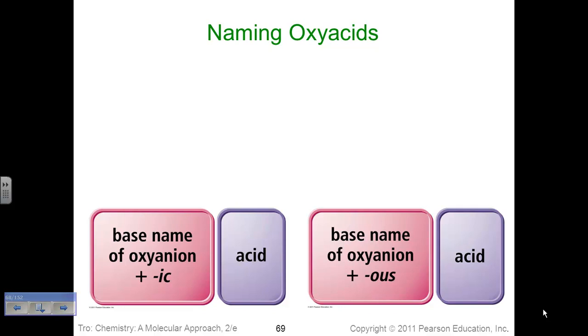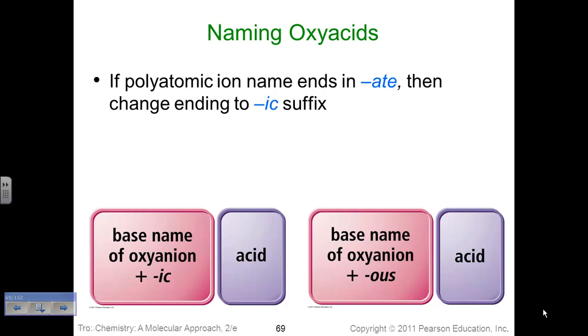Binary compounds usually ended in "ide" from the periodic table. Now we'll hear it as hydro, root word, ic. What if our acid has a polyatomic ion involved? Polyatomic ions contain oxygen, so they're now referred to as oxyacids.